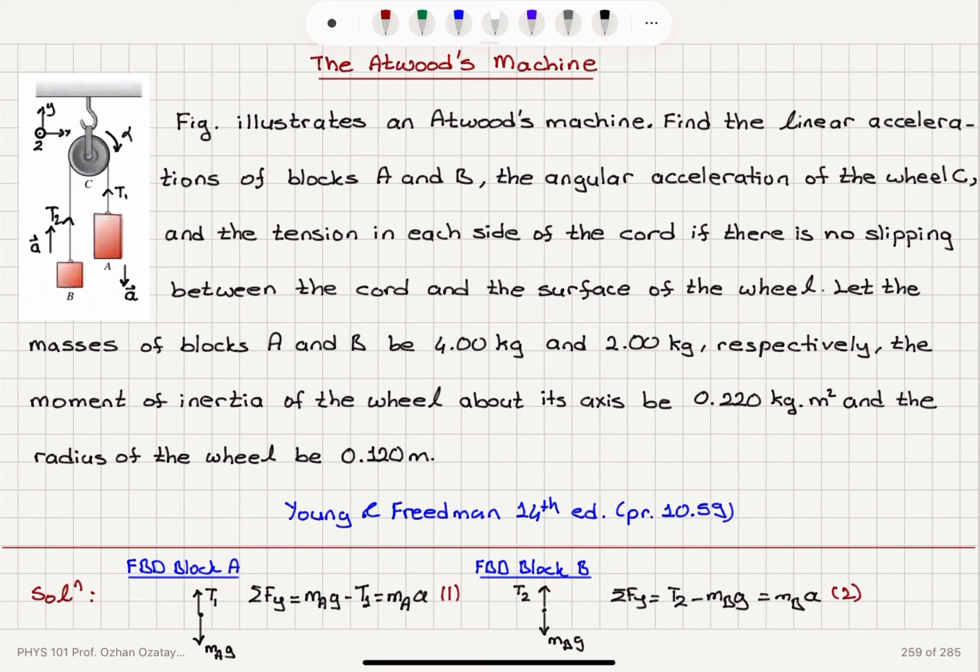But the direction of acceleration on B would be pointing up, on A would be pointing down. So I have written the first equation for block A in the minus j hat direction: MAG minus T1 is MAA. And for block B in the plus j hat direction, T2 minus MBG is MBA.